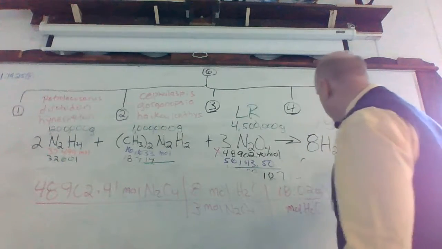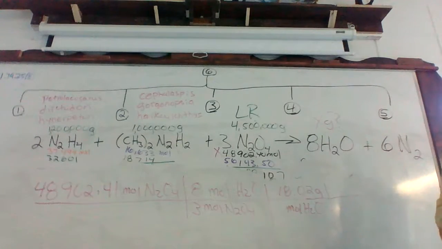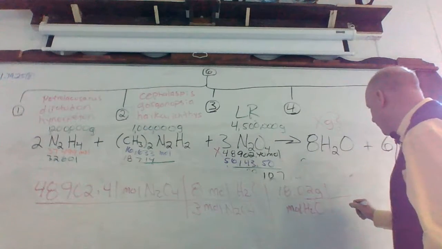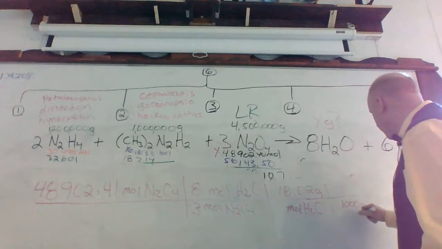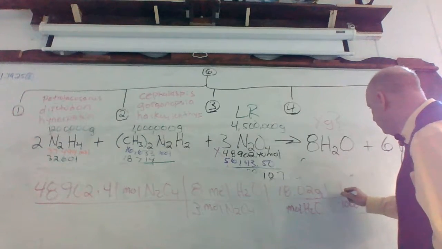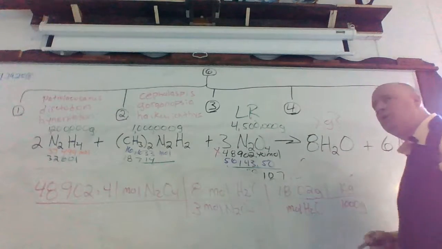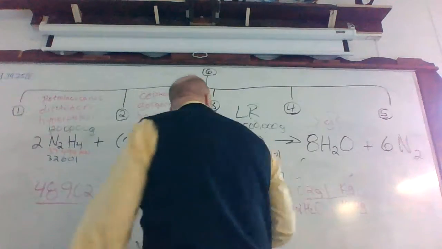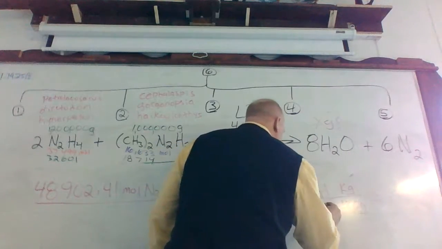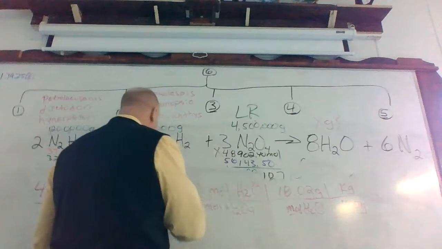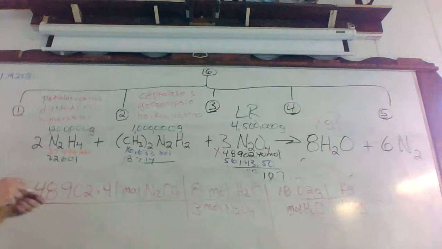Then that last step you had correctly said, for every 1,000 grams, how many kilograms? 1. Okay? So now all of our labels have canceled. We are now in kilograms of water.